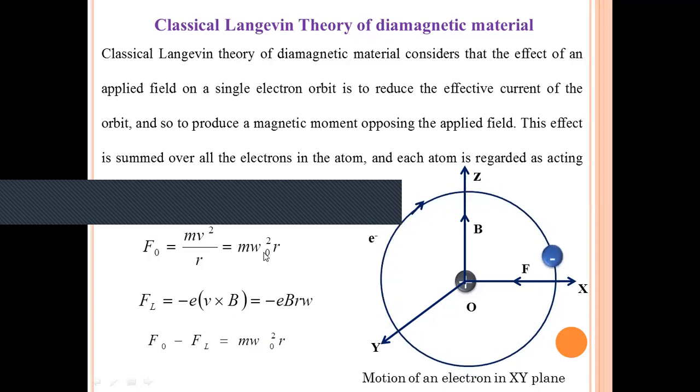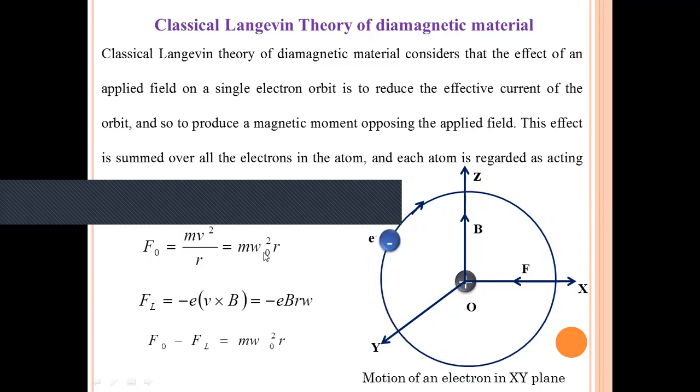In previous lectures, you know that when an electron moves, it generates an internal magnetic moment. But in addition to the internal magnetic moment, here we will apply an external magnetic field. Let us assume the external magnetic field is applied along the z direction as shown in the figure.